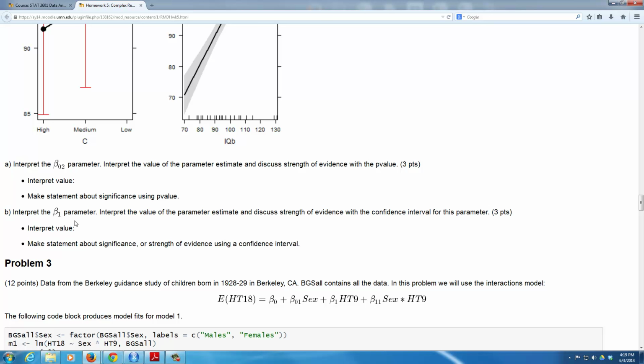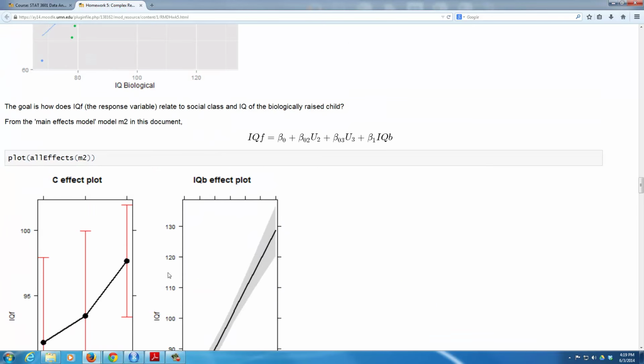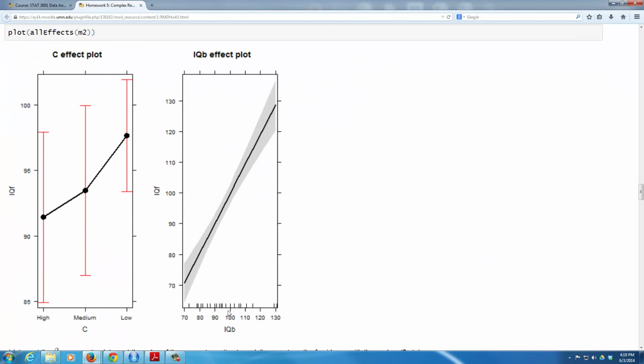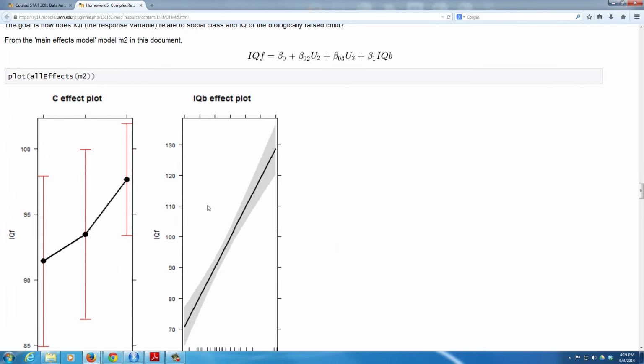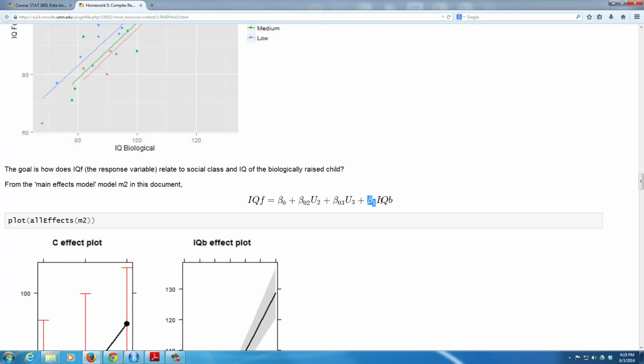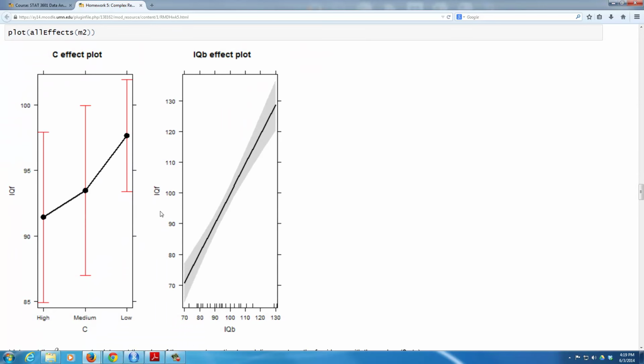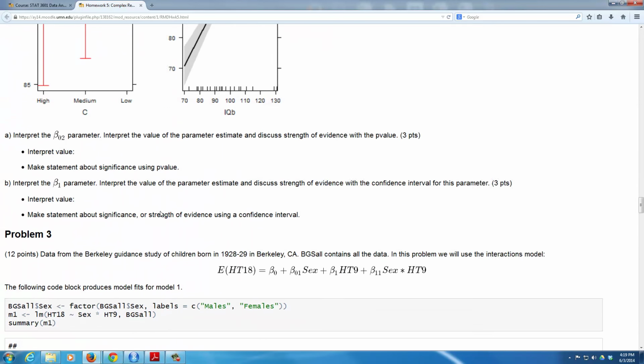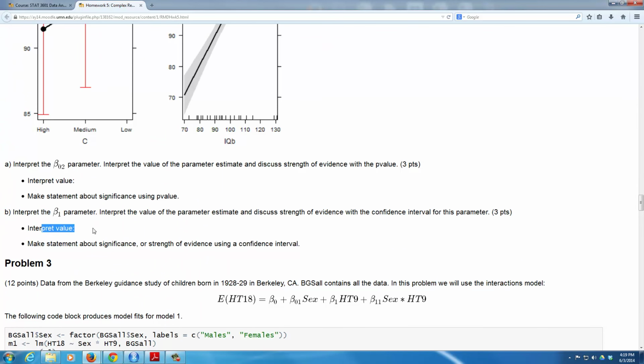The second part, part B, is to talk about the beta 1 parameter. That's the parameter that controls the connection between the biologic IQ and the foster IQ. It's this parameter right here, beta 1, and you need to do the interpretation of that value from the output.